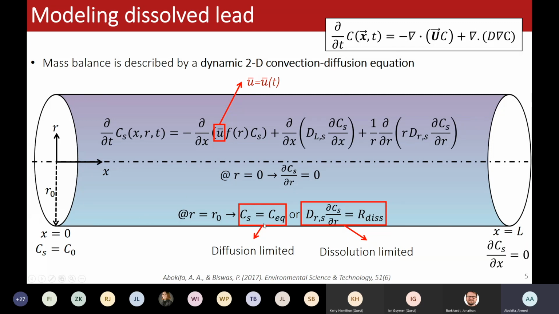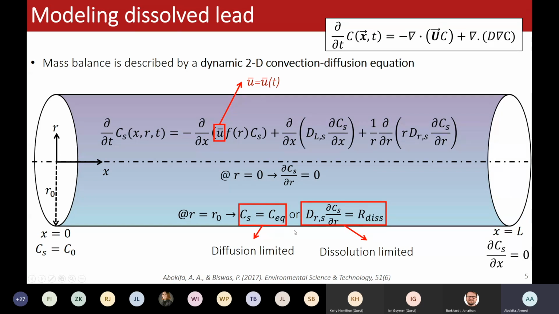In that particular case, we assume that the lead scale is in equilibrium with the dissolved phase, and under that condition, the dissolved lead concentration right at the scale is going to be equivalent to the equilibrium solubility, C equilibrium, of the scale. By doing so, we're basically assuming that the dissolution reaction is very rapid and that the whole process is actually limited by the rate of diffusion of lead into the drinking water.